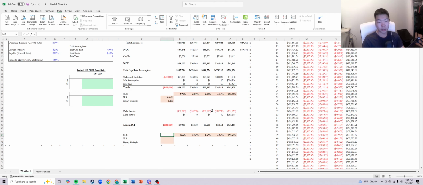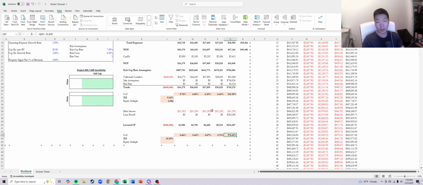My cash on cash is lower, so that probably means I'm being bogged down by my debt service. Oh, interesting.